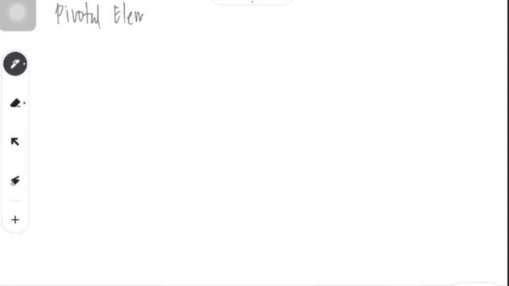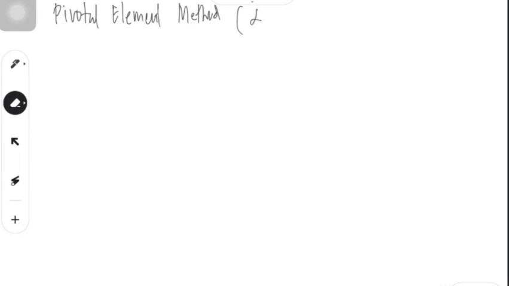Or sometimes it is considered as Laplace development. Yung iba ang term dyan, Laplace development. But that is commonly called a pivotal element method.